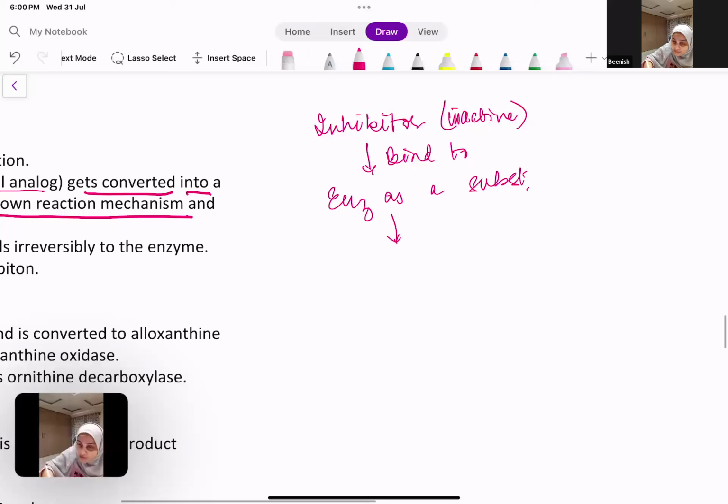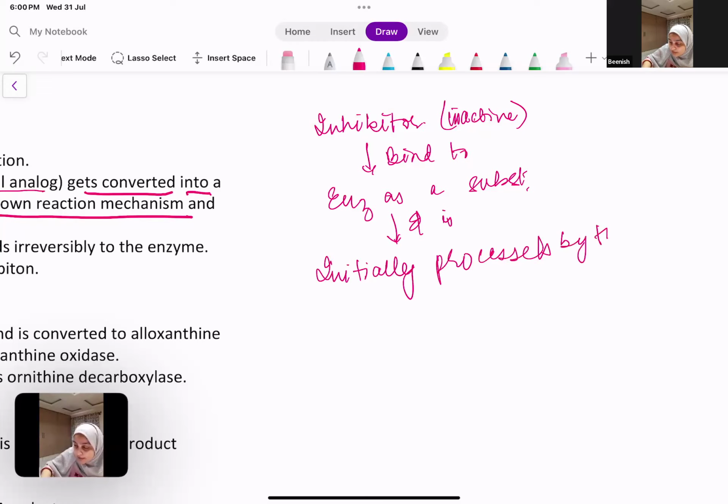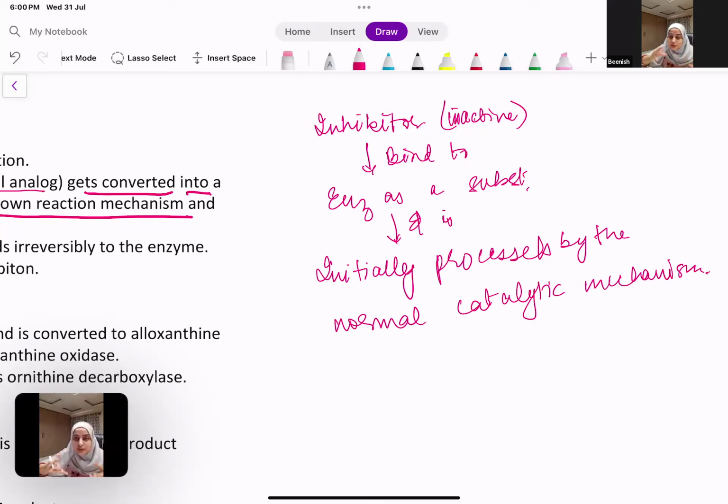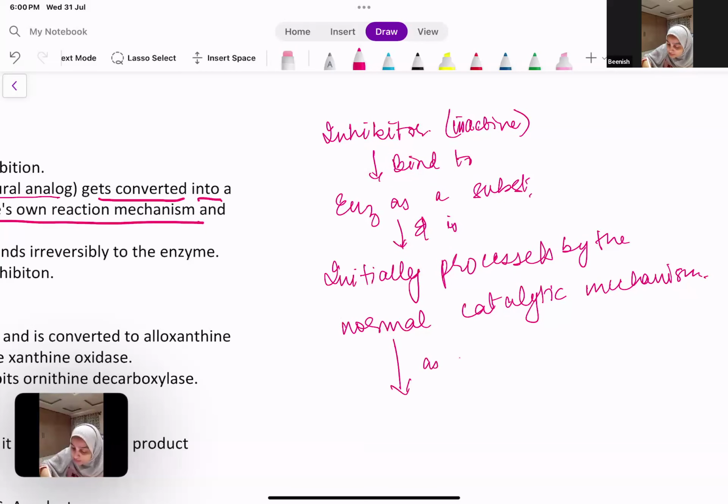Now what happens? It is initially processed by the normal catalytic mechanism. So your inactive original inhibitor is going to bind to the enzyme just like a substrate binds, and then it is going to be processed by the normal catalytic mechanism of the enzyme.